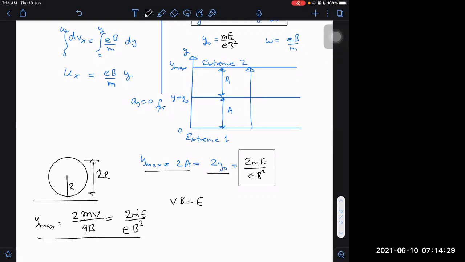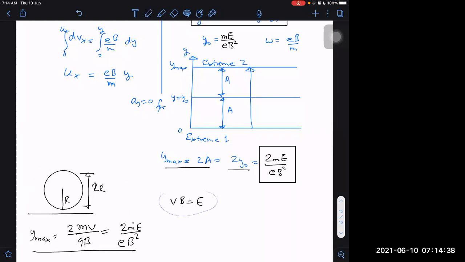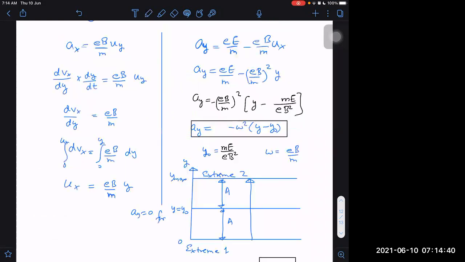This is our solution by the first method. Once you know the details of what is happening, the solution is so simple by the first method. But all these methods have a different story to tell. We are learning something from every method. We are learning a way to solve the equation if we have such a cross connection. Which is a cross connection? This equation is along the x-axis, but this is along the y-axis. This is along the y-axis, but this is along the x-axis. And we want to solve these equations together.